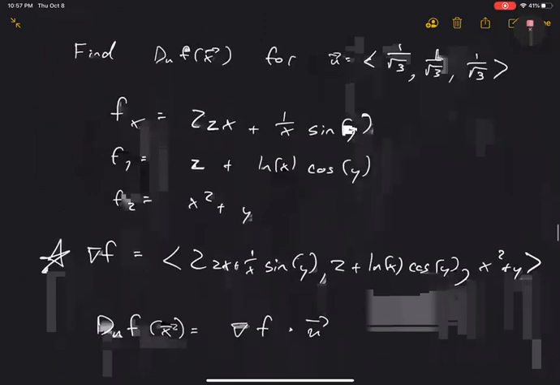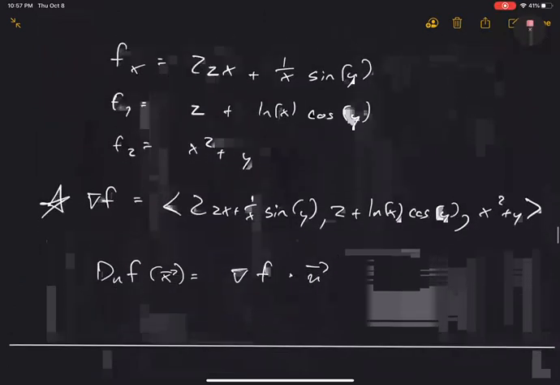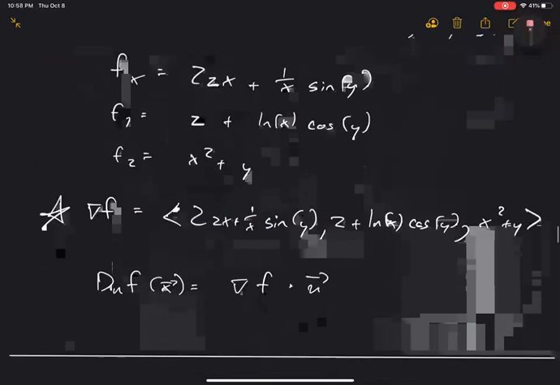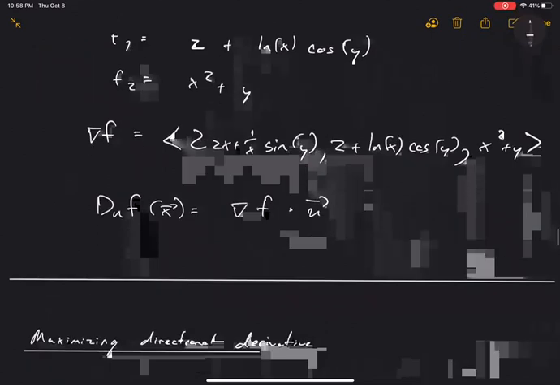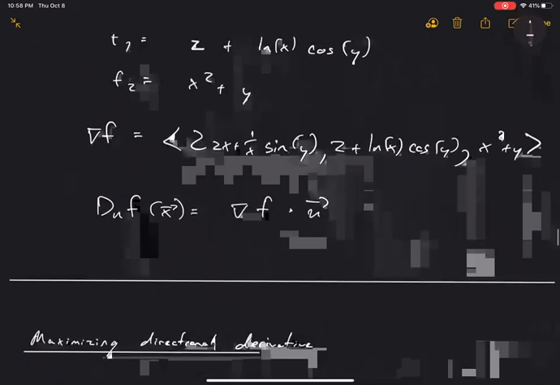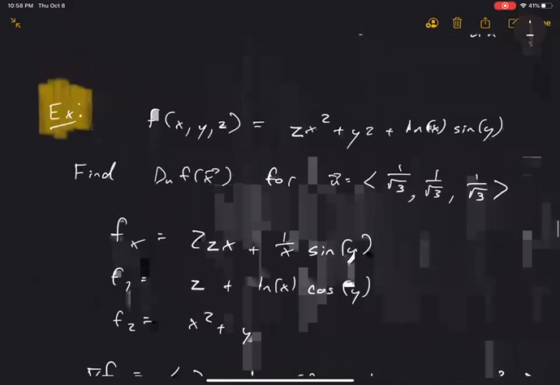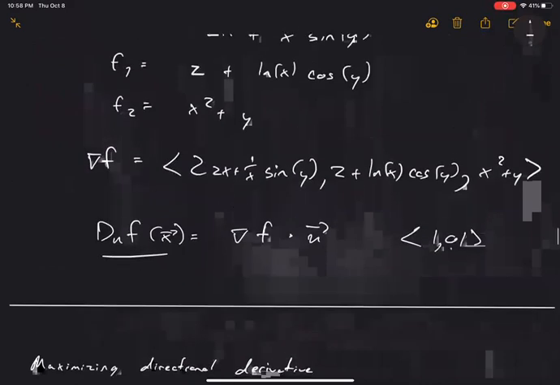I just multiply each of these components by 1 over square root of 3 and add them together. So I'll skip that last step, but you can do that on your own if you like. And again, maybe we'd be asked what the directional derivative is at some specific point, 1, 0, 1, for instance. In that case, I just plug 1, 0, 1 in for my x, y, and z, respectively, in this.